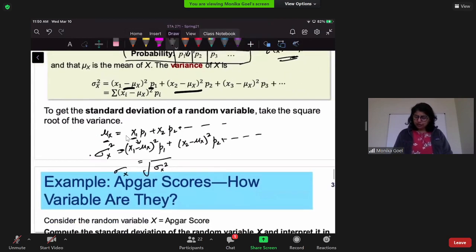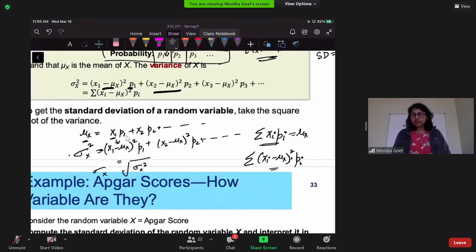So the earlier formula for expected value or the mean is this, and for variance, we need this. This is mu x. So you subtract mu x from each and then multiply with its corresponding probability.